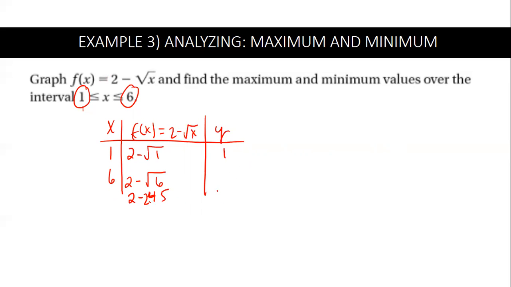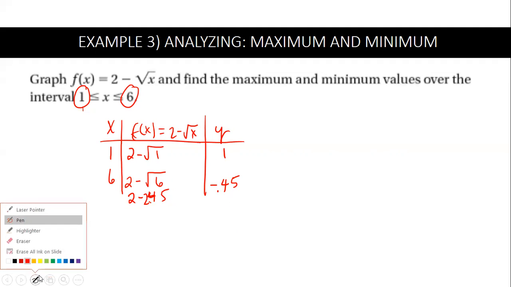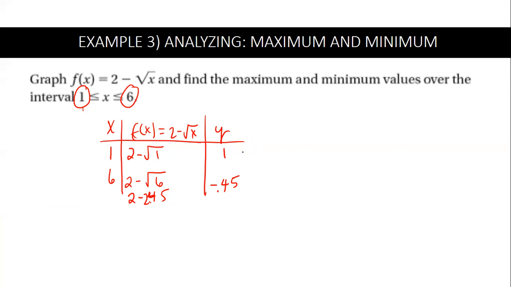And that leaves me with approximately negative 0.45. So literally, you're just stating which one is your maximum and which is your minimum. This is my max value on the interval, and this is my min value on the interval.